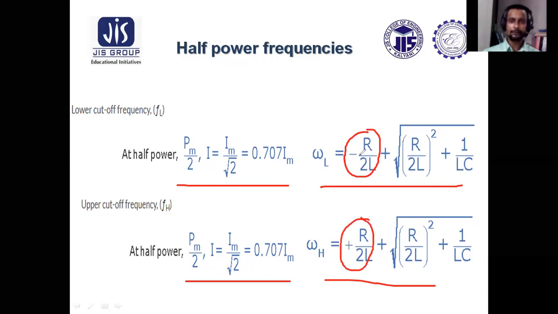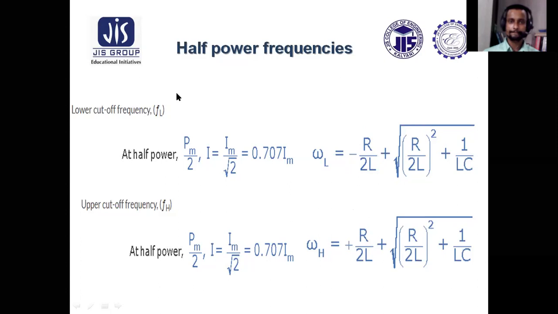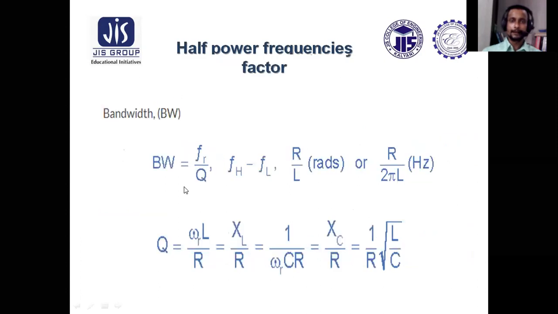Now the formula for bandwidth is FR by Q, where Q is the quality factor. What is quality factor? That you have already studied in AC circuits. Bandwidth can also be written as FH minus FL, which equals R by L, or R by 2 pi L in Hertz.